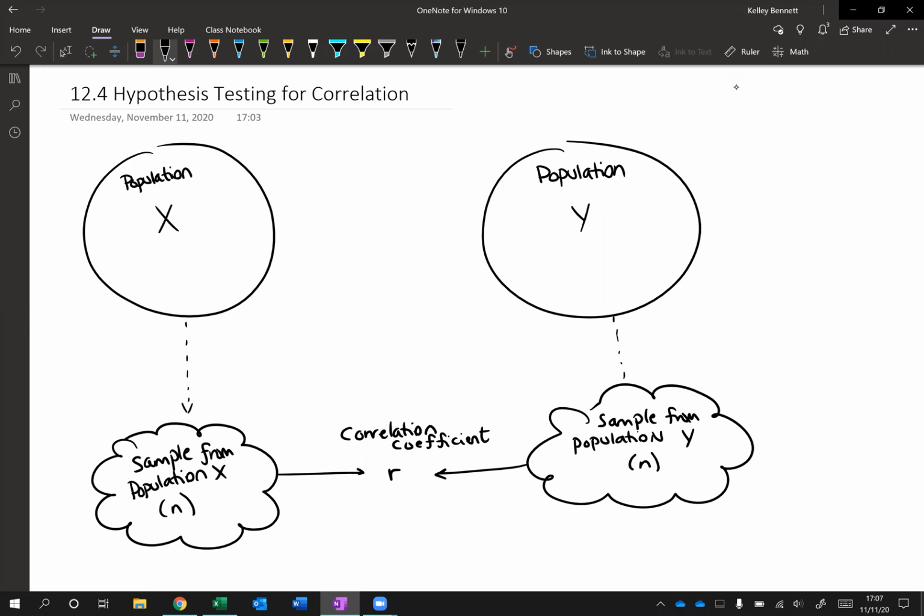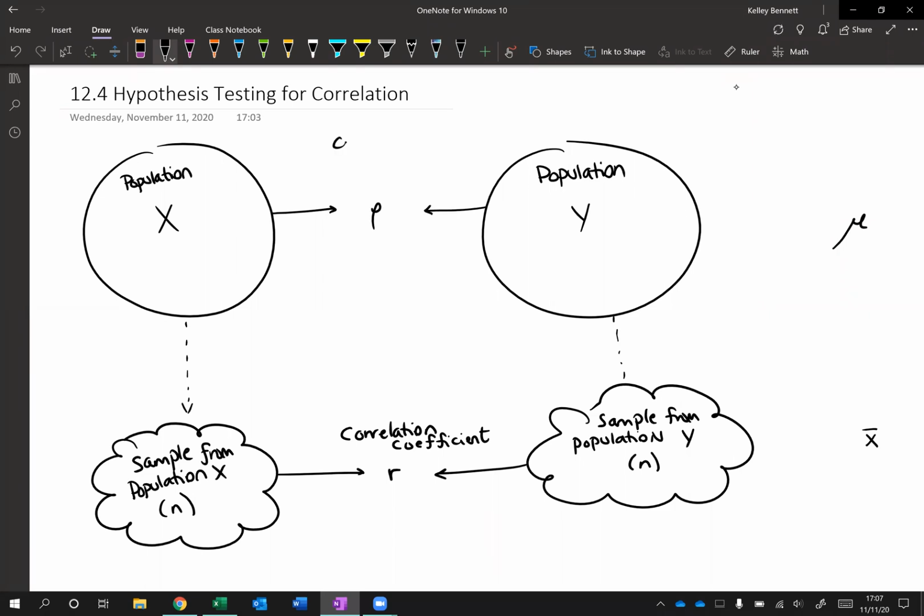But as much as we've talked about getting an x bar from a sample and how that relates to a mu for the population, I hope it doesn't surprise you to know that r is the sample statistic for samples X and Y, and it relates to the parameter rho.